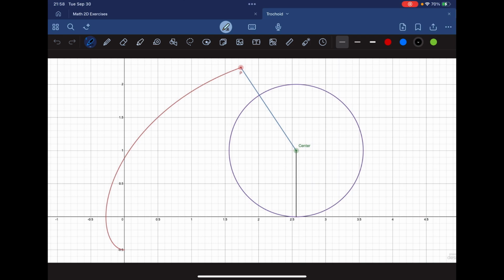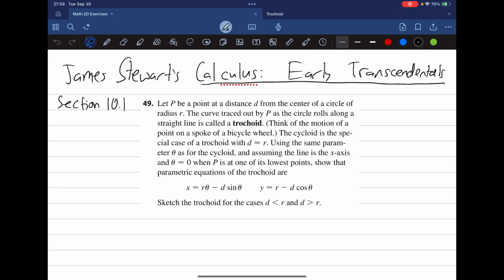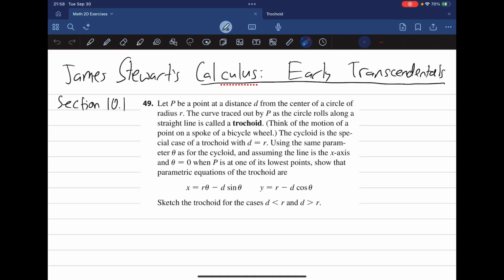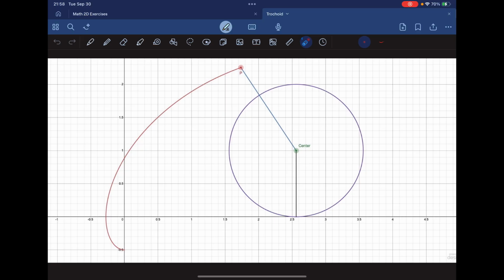Now, the specific parameter they're referring to, and if you want to see this for yourself, this is actually one of the examples in the book. The parameter theta that they're referring to here, the same one that they use for the cycloid, it's going to be exactly this angle right here. So this is our theta.